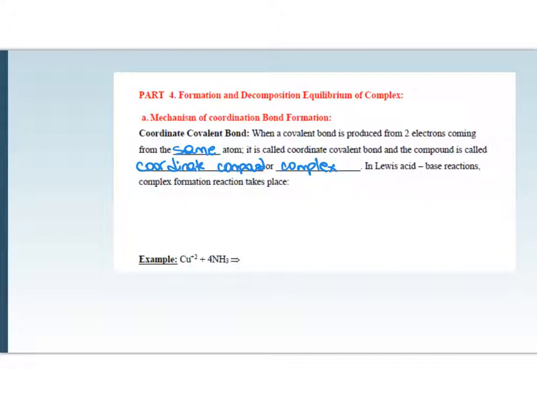And this is explained in terms of Lewis acid-base pairs. Now remember, we have defined three different acid-base theories, and one of them was the Lewis acid-base theory, and this formation of complexes is based on this theory. And how? For example, here is ammonia.